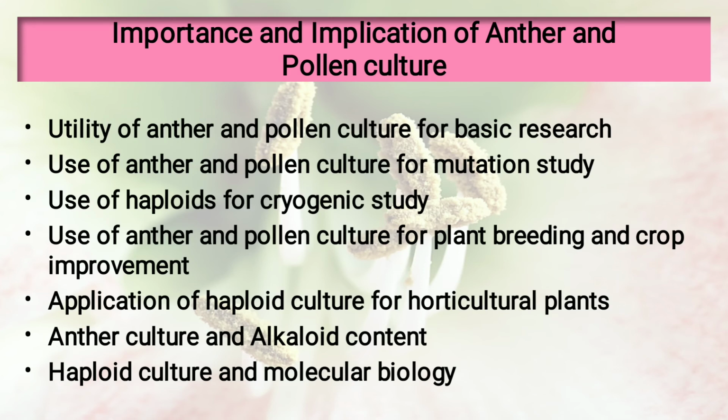Next one is the use of anther and pollen culture for plant breeding and crop improvement. The isogenic lines are also beneficial where the plants are self-incompatible, for example, rye.